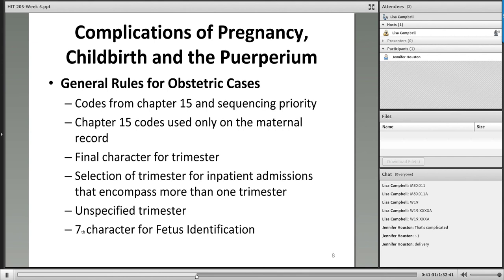And in my book, and let's see, which one do I have with me today? I have the ICD-10-CM Expert for Hospitals. In my book, complicated by doesn't end until about page 254, at the word examination.